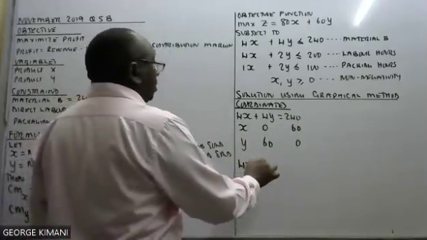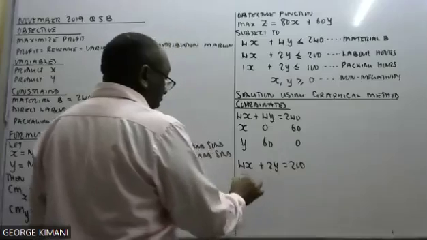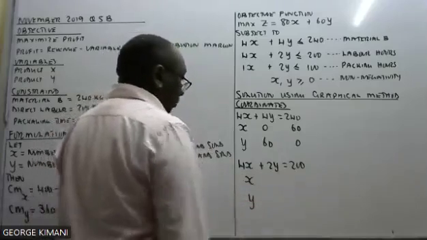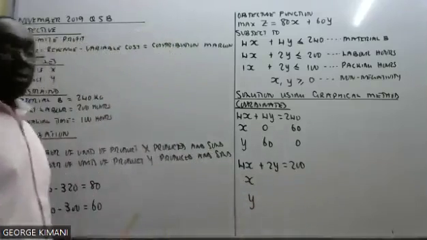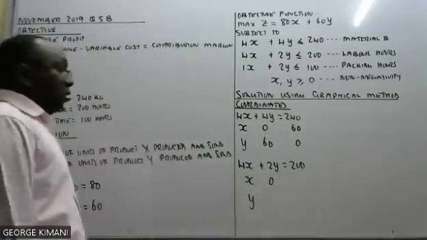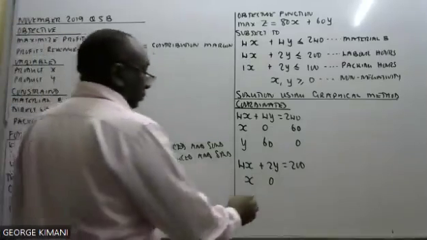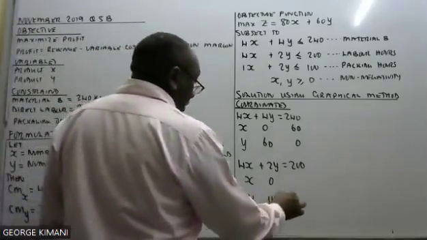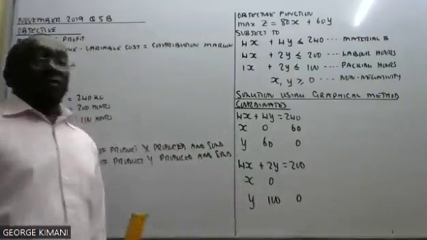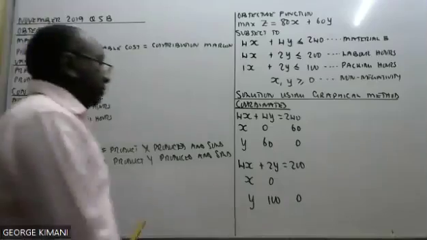So you come and take the next one, 4x plus 2y is equal to 200. So we have x and y. If x is 0, y will be what? Y will be 100. And if y is 0, x is 50.